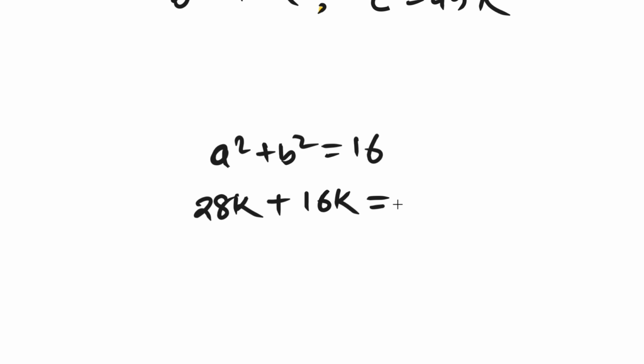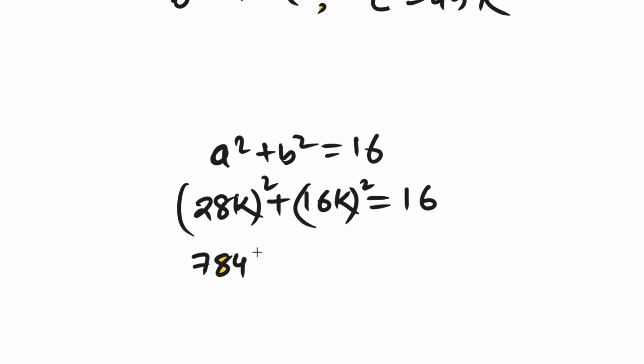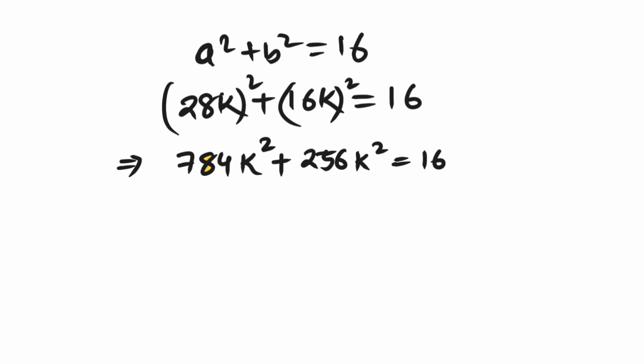So we get 28k whole squared plus 16k whole squared equals 16. 28 squared is 784, and 16 squared is 256. Therefore, we have 784k squared plus 256k squared equals 16.